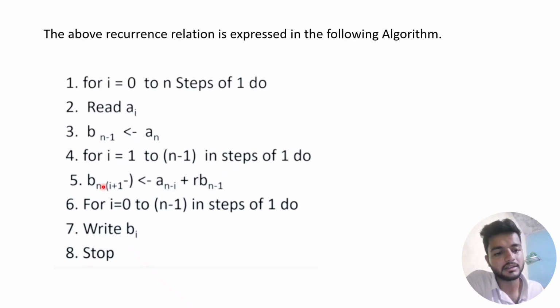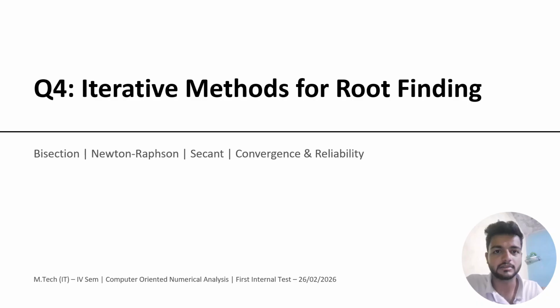We'll compute b n minus (i plus 1) term as a n minus i term plus r dot b n minus i term. For i equal to 0 to n minus 1, we'll again run a loop, get the values of b, and stop the algorithm.